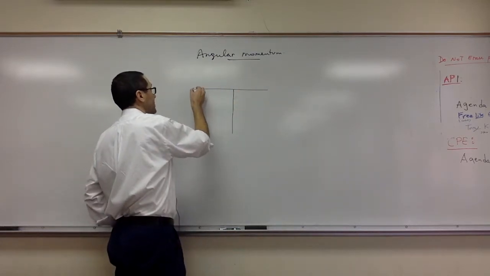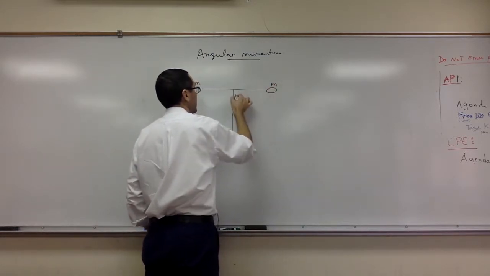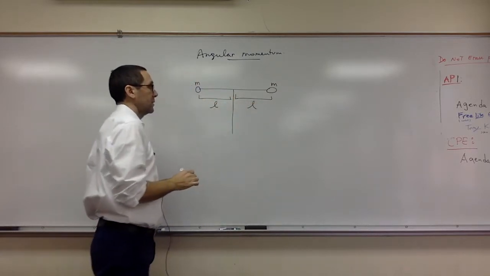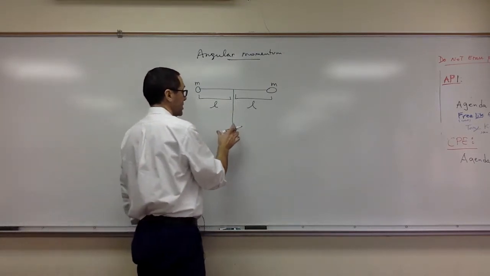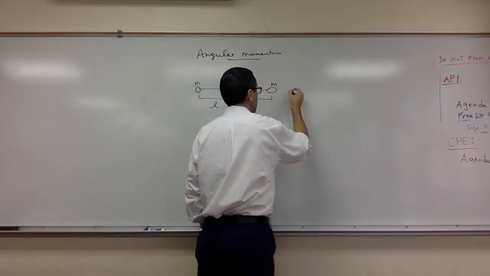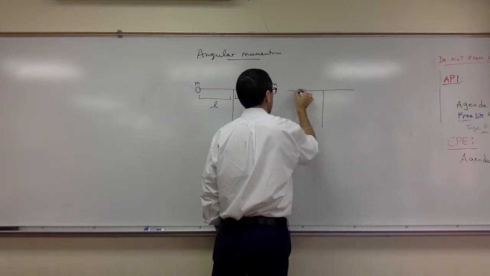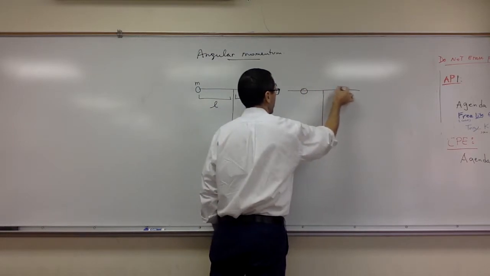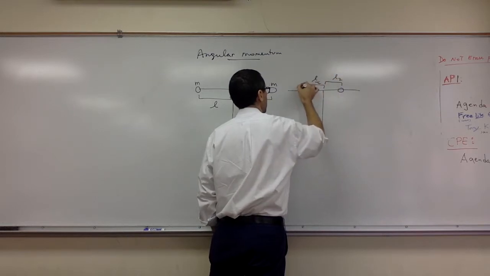I have a mass M sitting right here, and another mass M here, and this length here is L, and this is L. Now I want to compare the angular speed of this to another one where it's the same length of rod, but this time I'm not going to put the masses at the end, I'm going to put them halfway. In other words, this is L over 2 and L over 2, and it's the same mass.